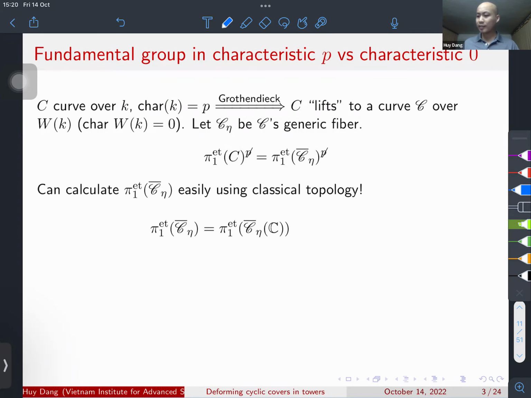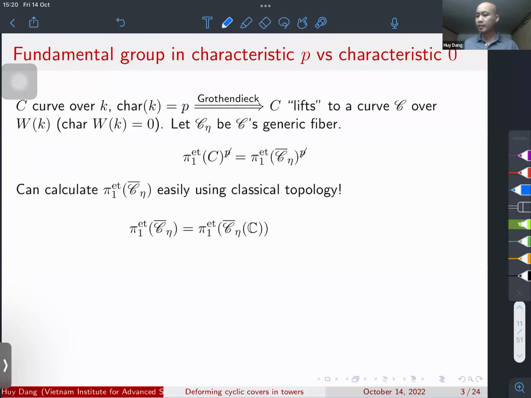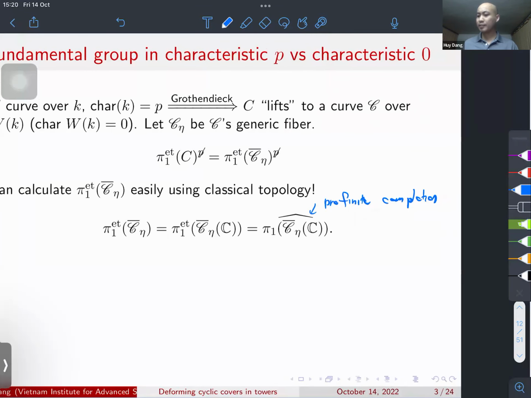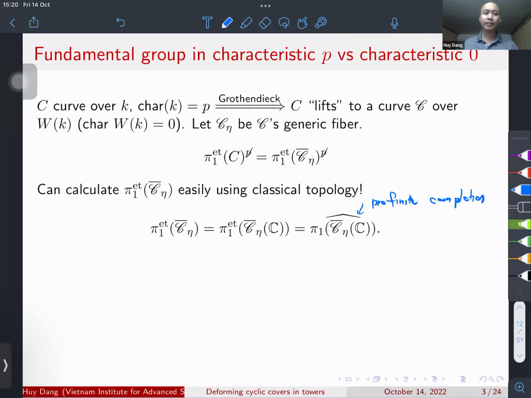And this one in turn is equal to the profinite completion of the topological fundamental group. The topological fundamental group of a curve, of a Riemann surface, is known. It's just classical in topology. So the prime-to-p part of anything in characteristic p is quite easy to compute.